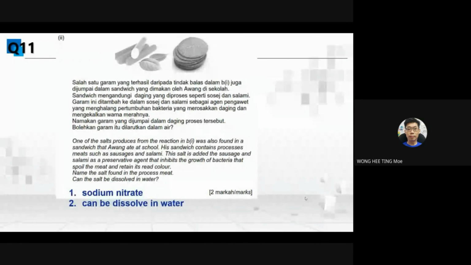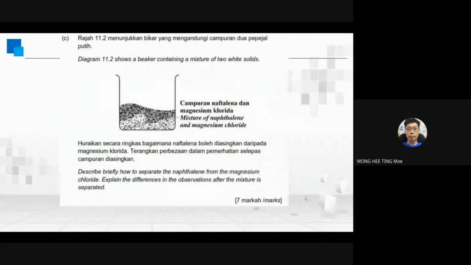Now, briefly, how to separate naphthalene. Two white solids: naphthalene and magnesium chloride. How to separate naphthalene from the magnesium chloride? Explain the differences in the observation after the mixture is separated. Interesting, huh? So class, discuss first how to separate these two.